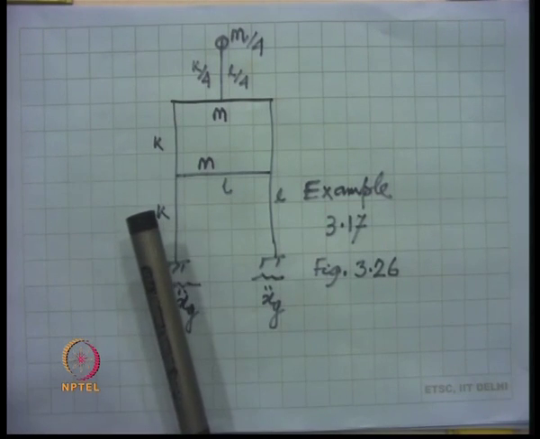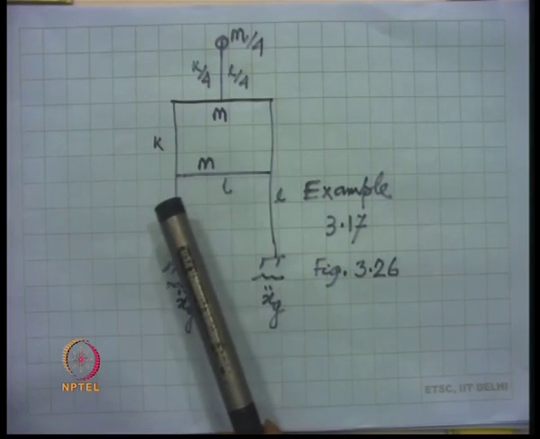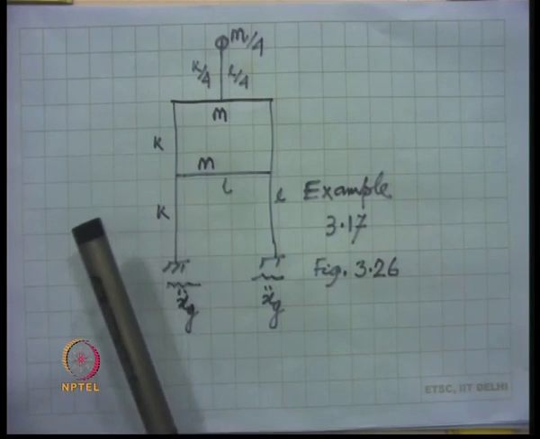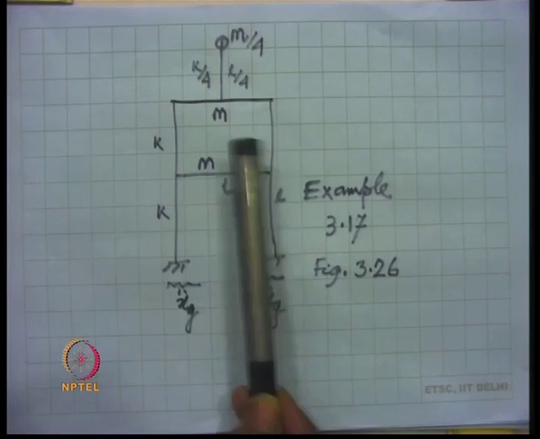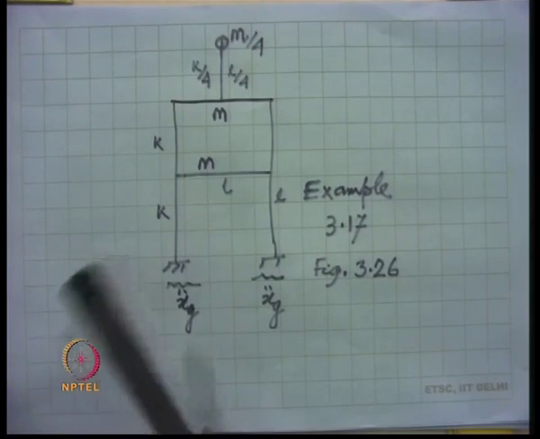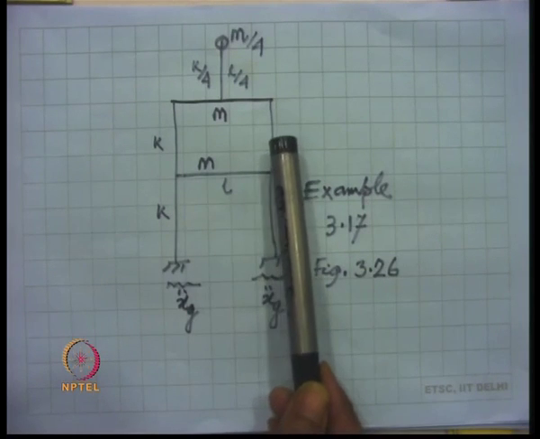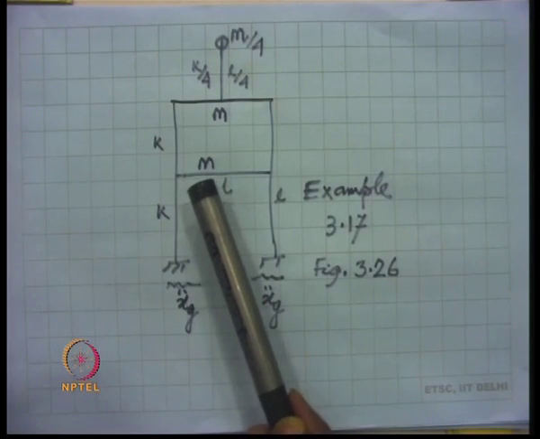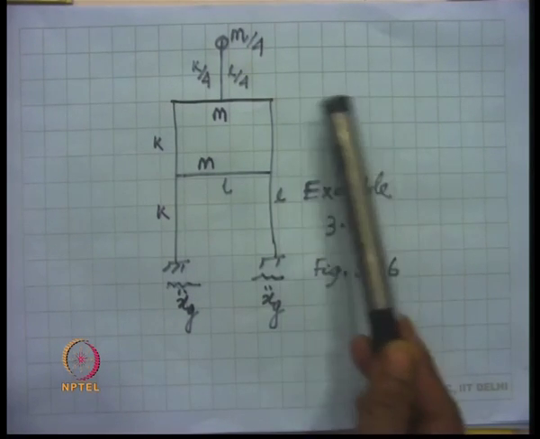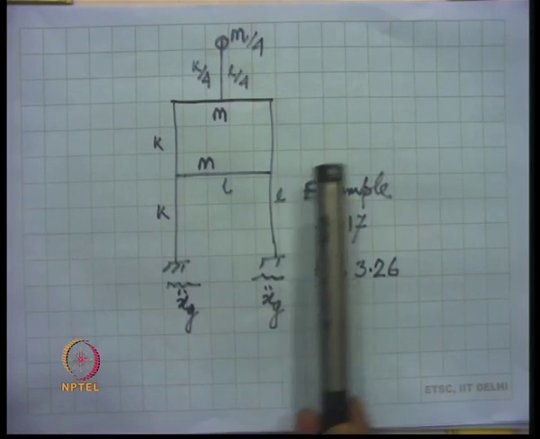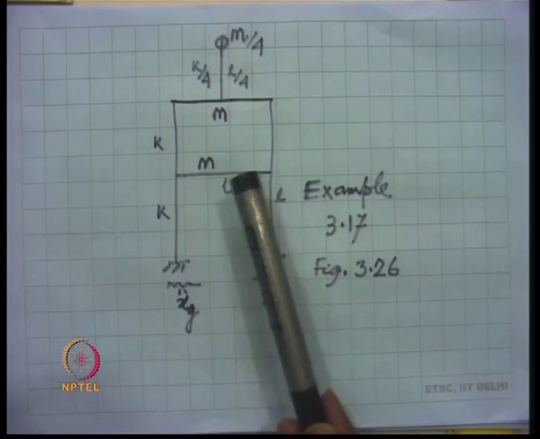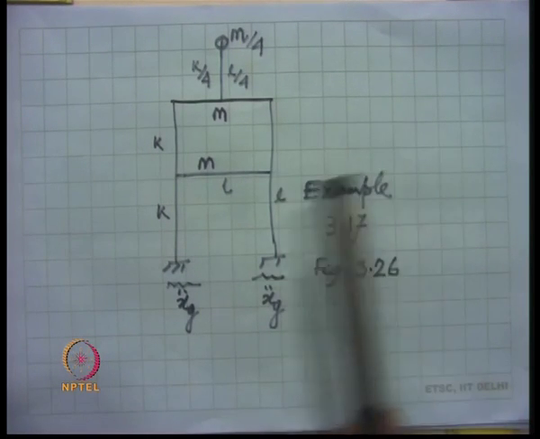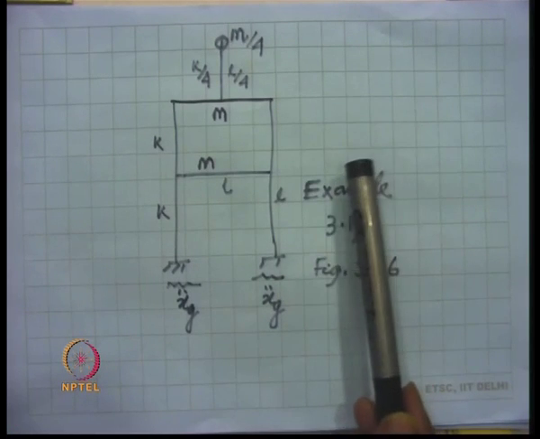How to obtain the response spectrum of acceleration, that we had discussed before. We take a single degree of freedom system. The base or the support of the single degree of freedom system is subjected to the time history of the absolute acceleration that we have obtained. Then for different frequencies of the single degree of freedom system, that is, by varying k and m, we can have different frequencies and corresponding time periods.